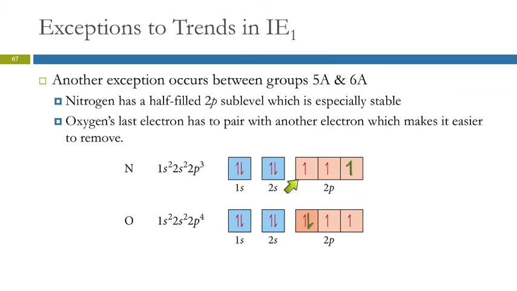So here we have this nice half-filled sublevel. And here we have a half-filled sublevel plus one electron. This electron, because it had to pair, is easier to pull out of there than one of these electrons. These guys are pretty happy. Hey, we've each got our own beds. This is cool. Here, this one is having to share with that guy.